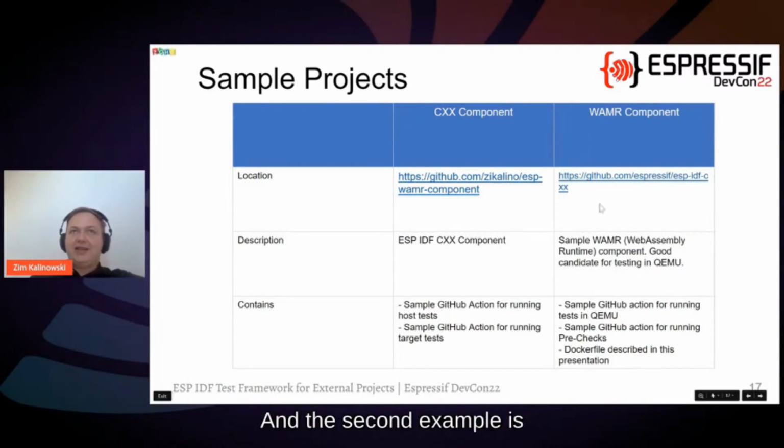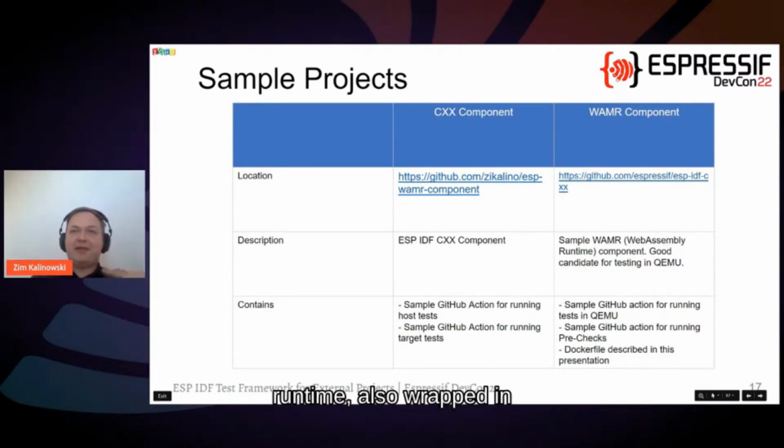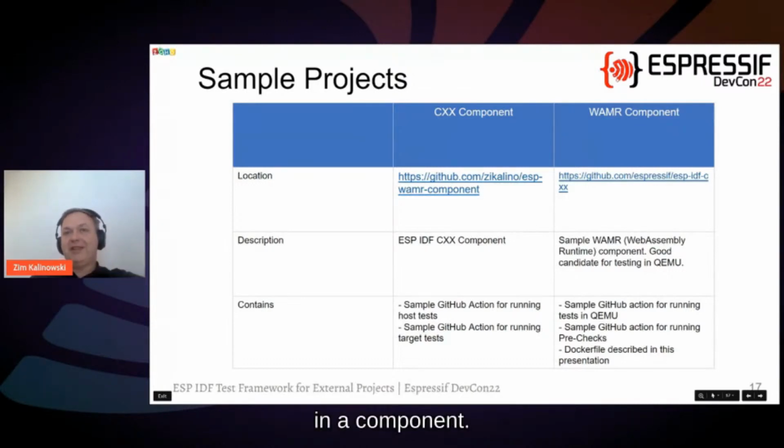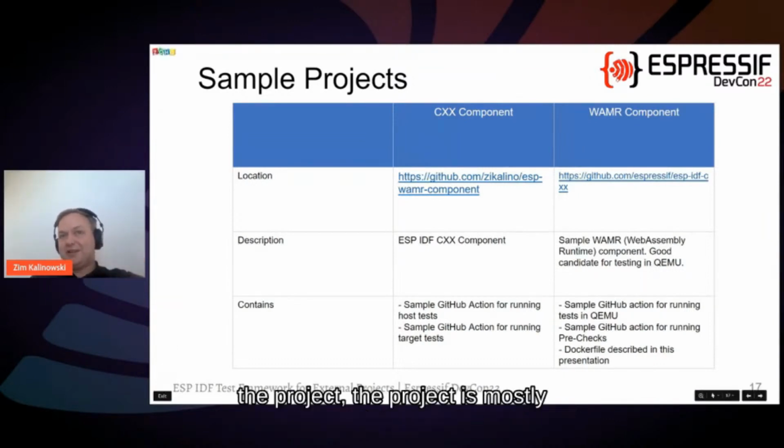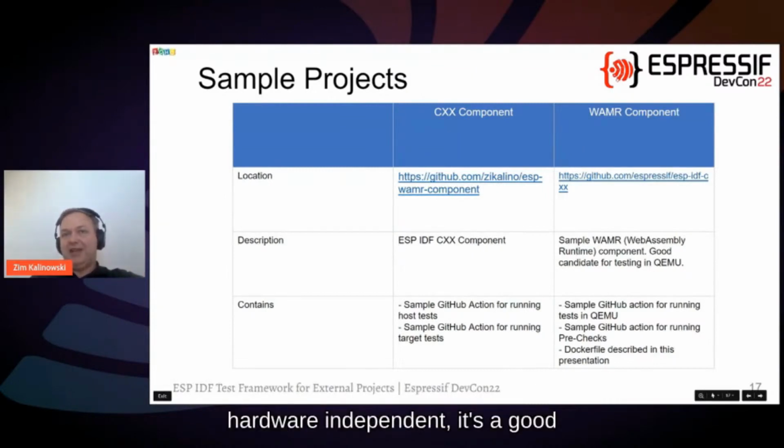And the second example is something I'm working on right now. This is basically a WebAssembly runtime, also wrapped in a component. Because of the specifics of the project, it is mostly hardware independent, so it's a good candidate for testing in QEMU.